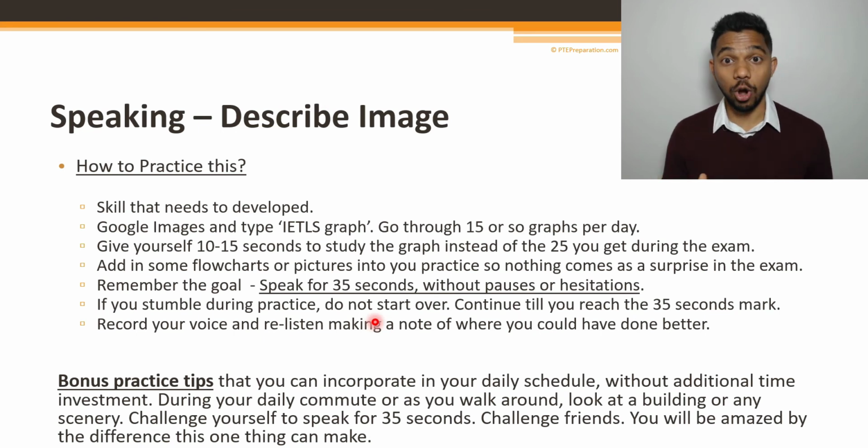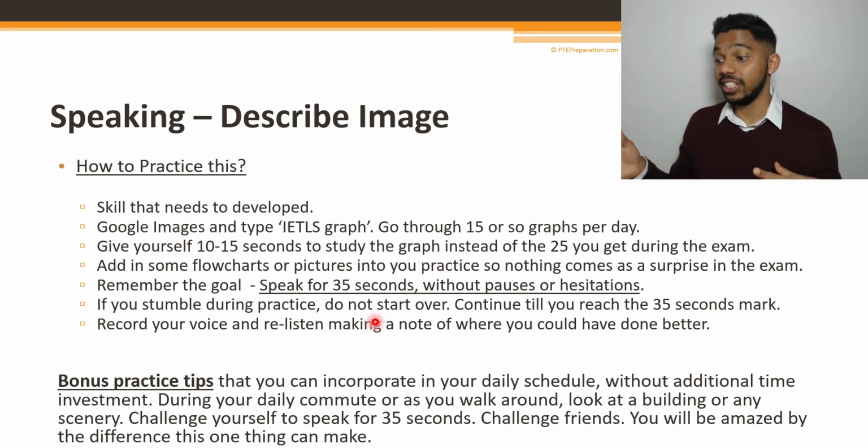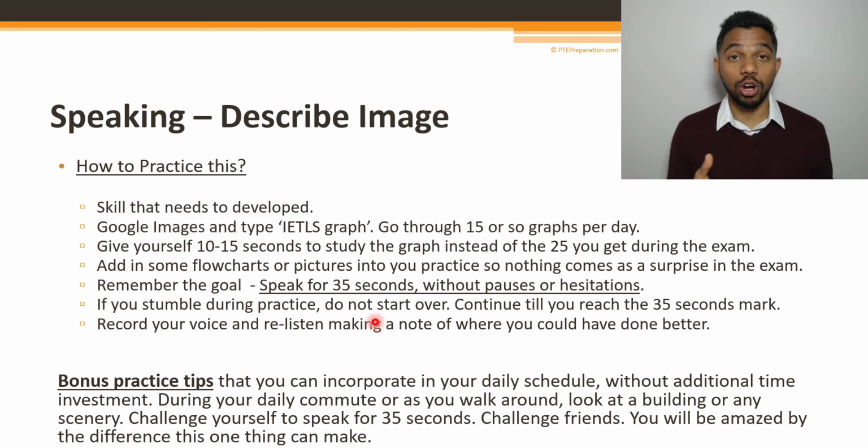So maybe stop the video right now, look at any object around you and talk about it for 35 seconds and see how it goes. Initially you will find it difficult. I used to get stuck at this a lot, but I just made it a game for myself, and I tried to look at objects that don't have a lot of detail. So I would look at, say, a white wall and talk about it for 35 seconds.